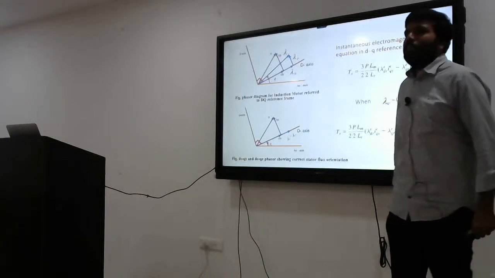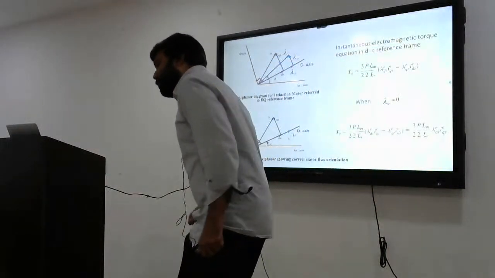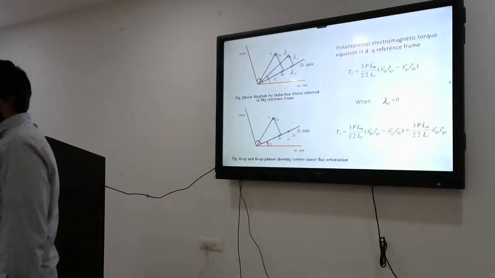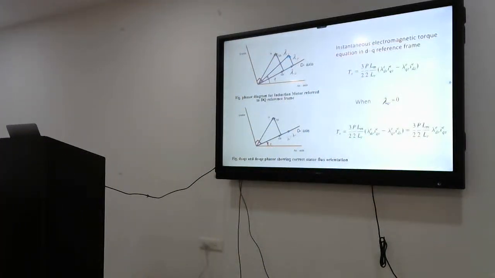Now the question is, in the field orientation method, the big challenge is making lambda QR, the Q axis component, 0. That is a big challenge in the field orientation method. How will they maintain lambda QR 0? See the phasor diagram. What did we discuss in the morning?